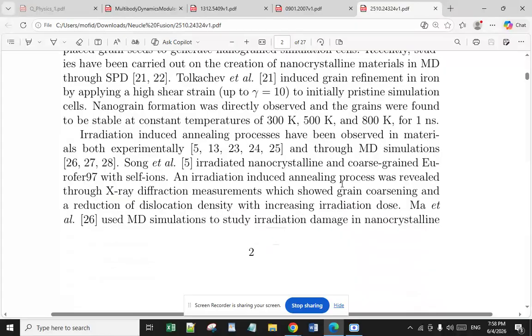Song and his colleagues irradiated nanocrystalline and coarse-grained Eurofer 97 with self-ions, and the irradiation-induced annealing process was revealed through X-ray diffraction measurements, which showed grain coarsening and a reduction of dislocation density with increasing radiation dose.